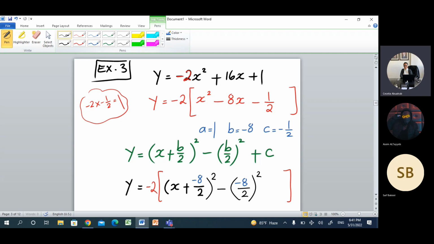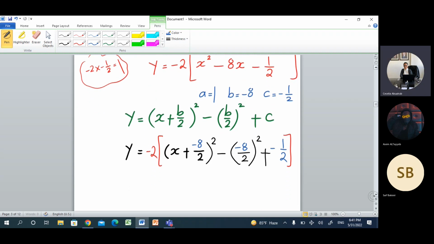And then you will say plus c, which is negative 1 over 2. Okay, perfect. So we just substituted the values of b and c in the completed square form. Actually, there is no a, it's only the b and c, all right?